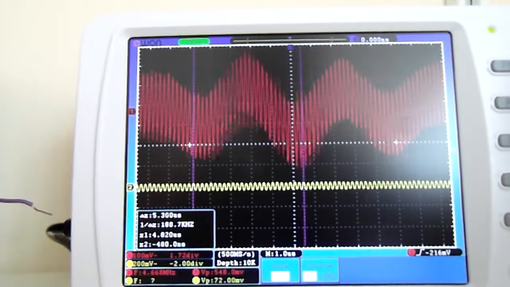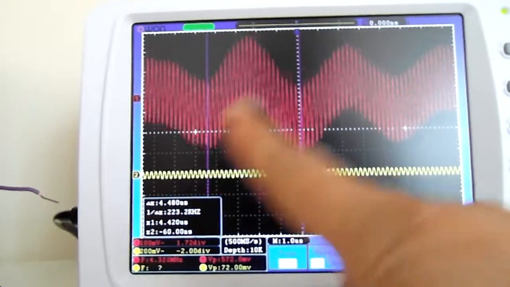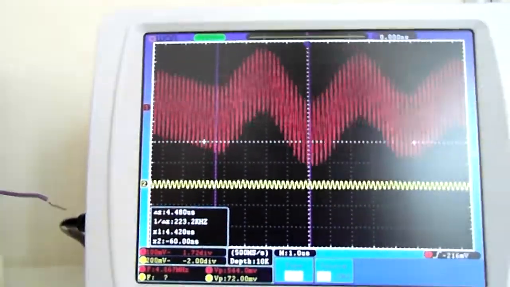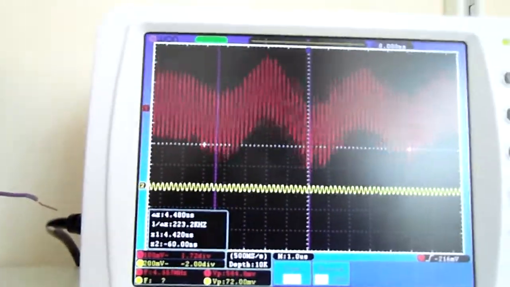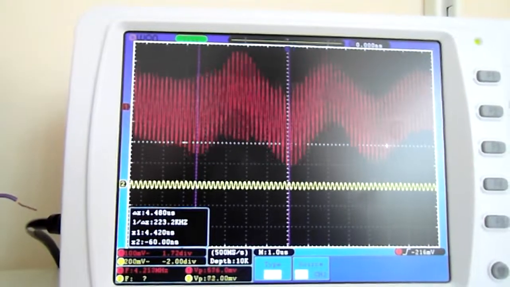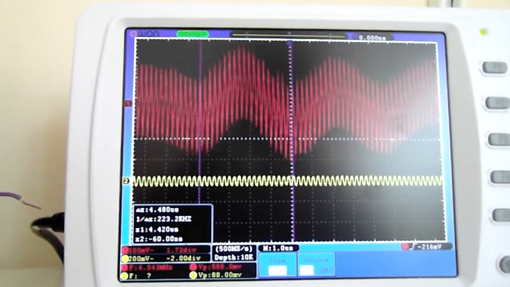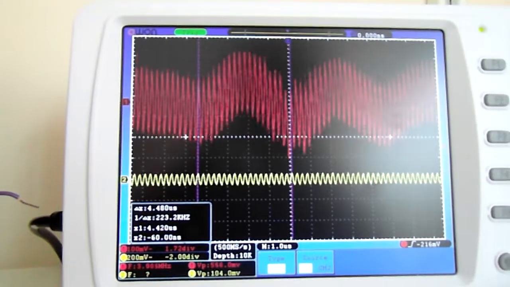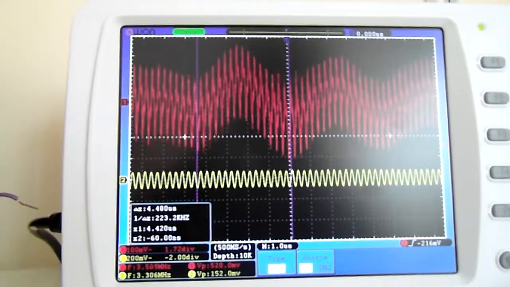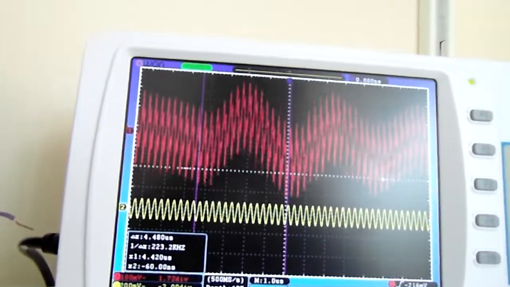will not change. This low frequency will not change. So it's about 220 kilohertz. Okay, now its input is 4.7 megahertz. I'm going down, down, down, down, down. Yes, this fluctuation frequency doesn't change.